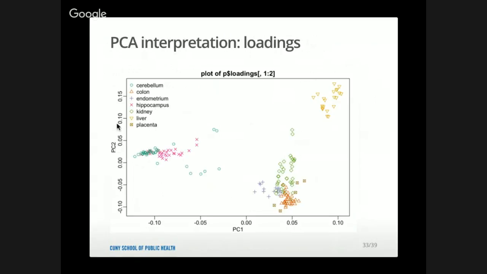So I guess it makes sense that they're appearing together. They have not entirely different expression patterns. And then over here, another group of kind of overlapping samples, and these are colon, kind of distinct from the kidney, but then not so distinct are the placenta and endometrium.